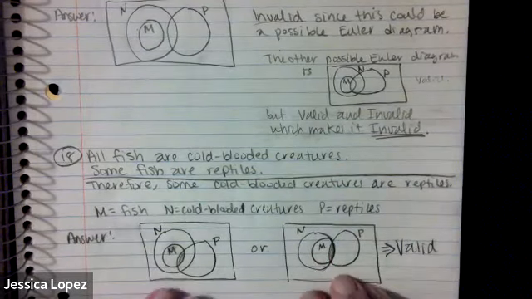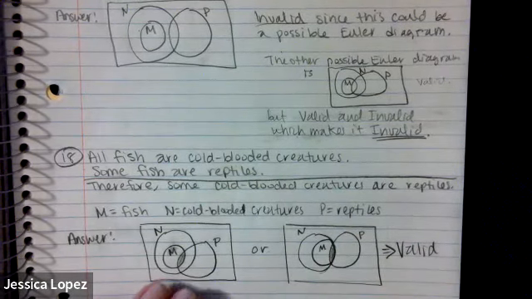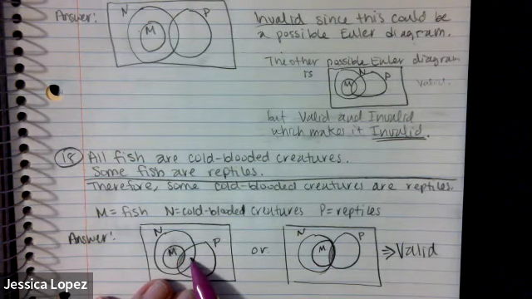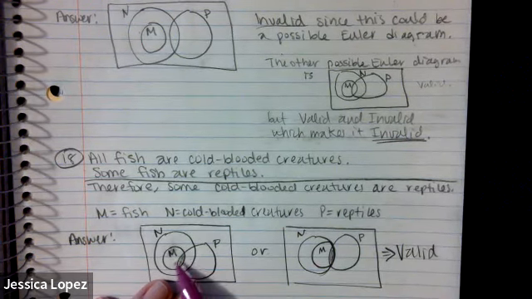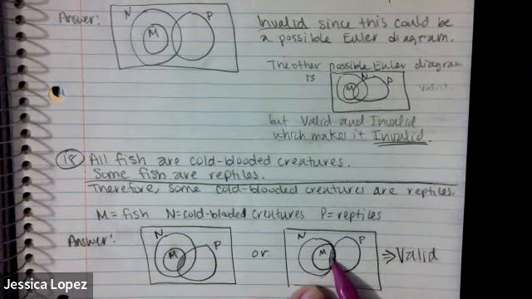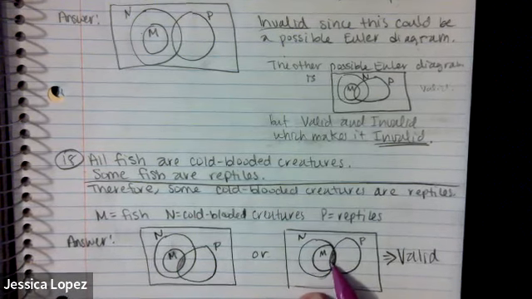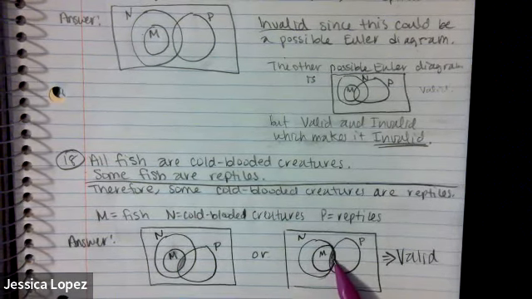And so what is the difference between these? This one is saying that some of the cold-blooded creatures may not be fish, but may still be reptiles. And here, this is saying only the fish that are also cold-blooded creatures can be reptiles, okay?